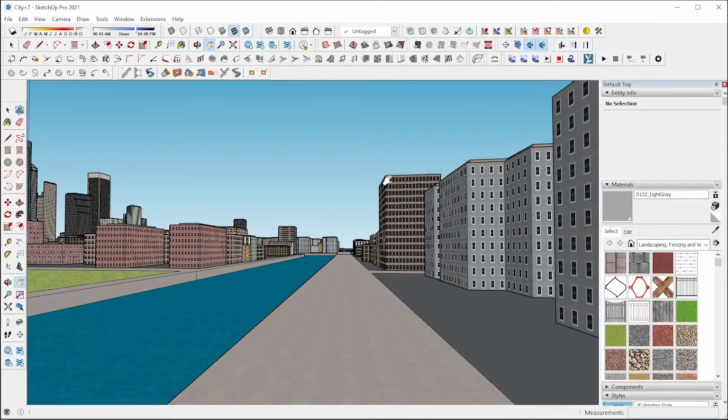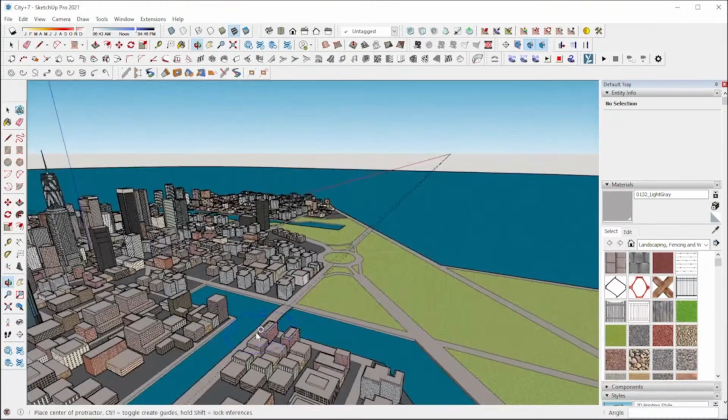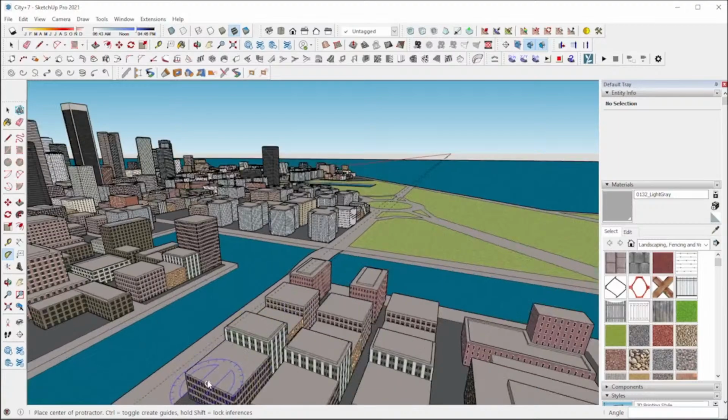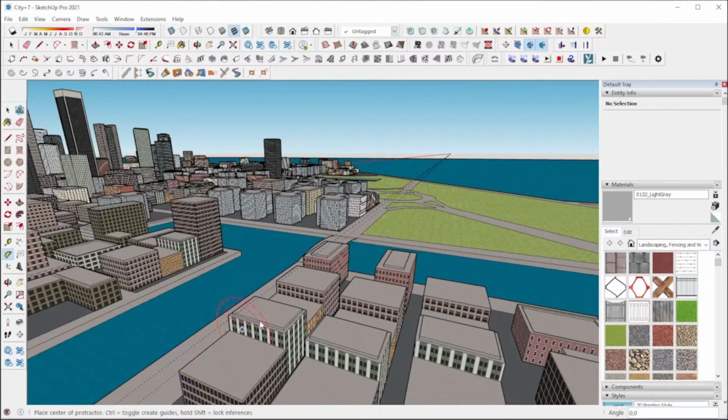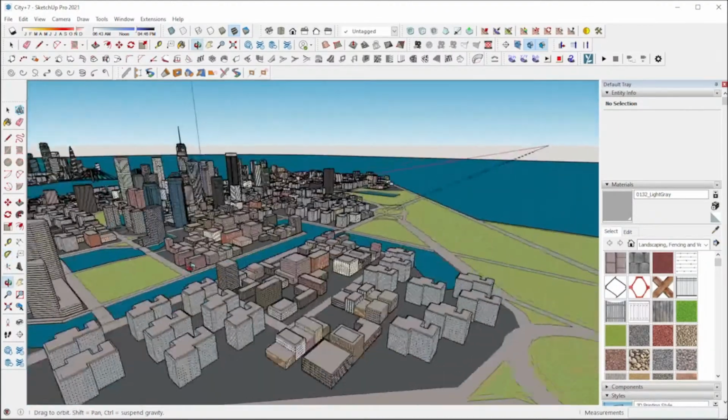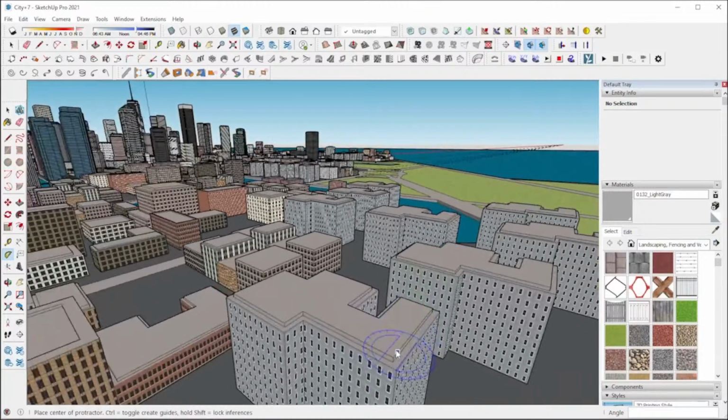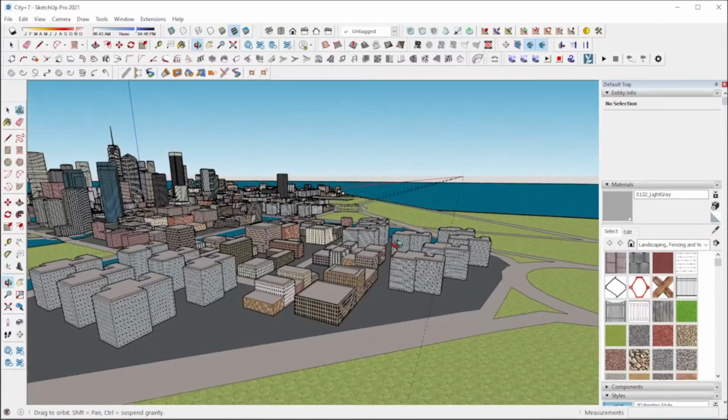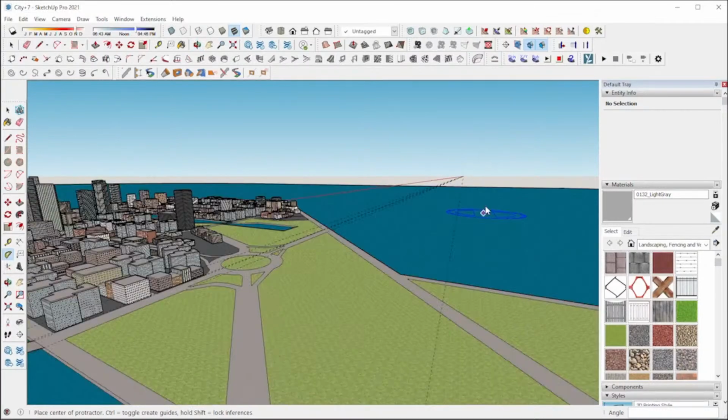Also, these lines are going to the same point. It doesn't matter what the distance between the lines is. If they are parallel, they are going to the same point.